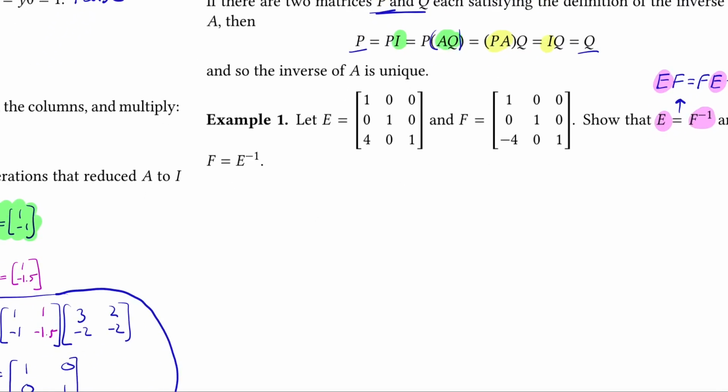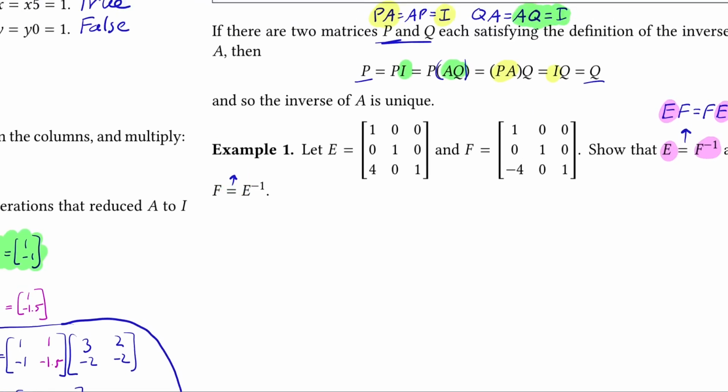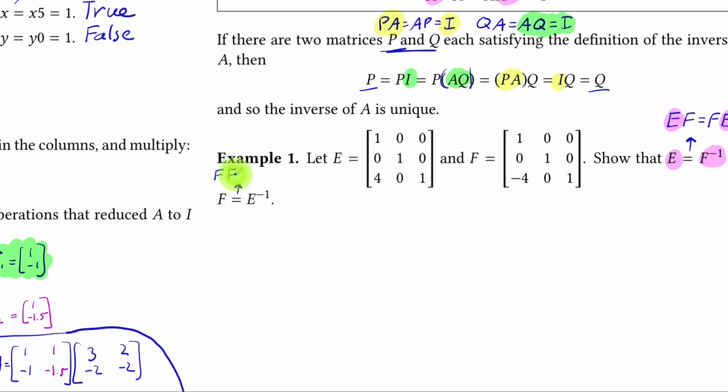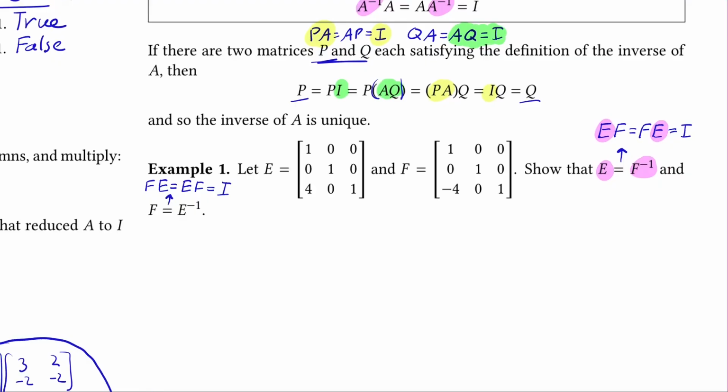Likewise, for F to be the inverse of E means we can do F times E, we should get the same thing as E times F, and that should be the identity. Now, you might be able to see that these are really the same thing, so this is an argument that E equals F inverse if and only if F equals E inverse.